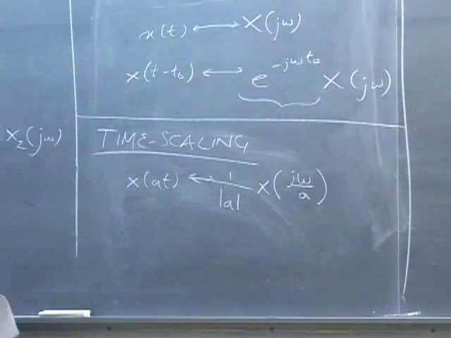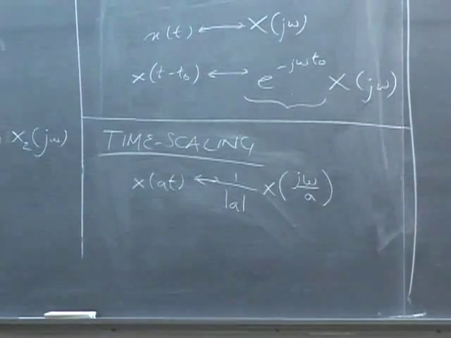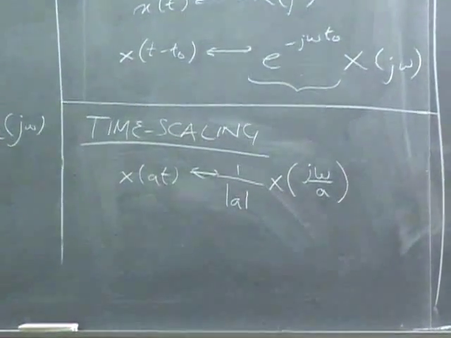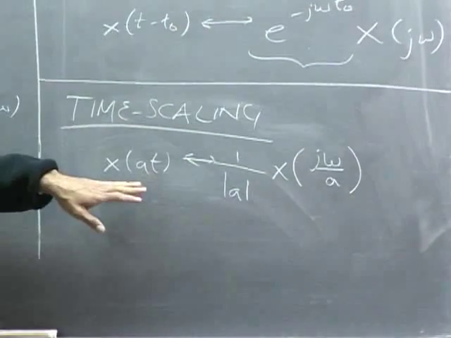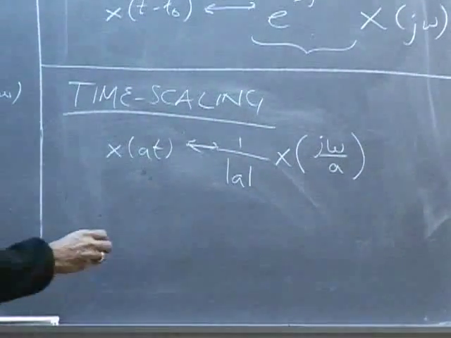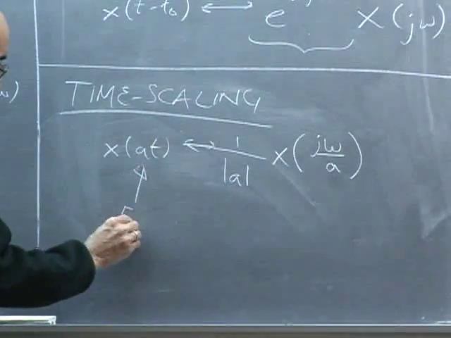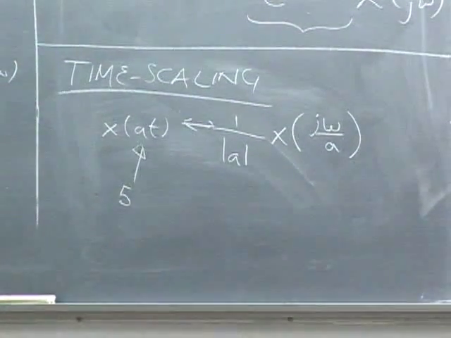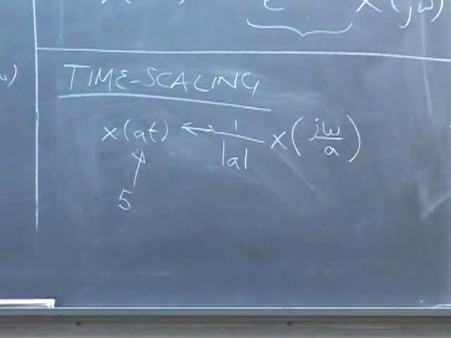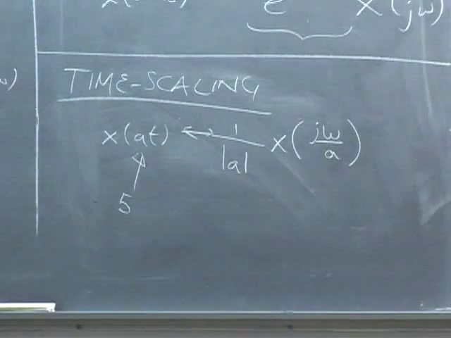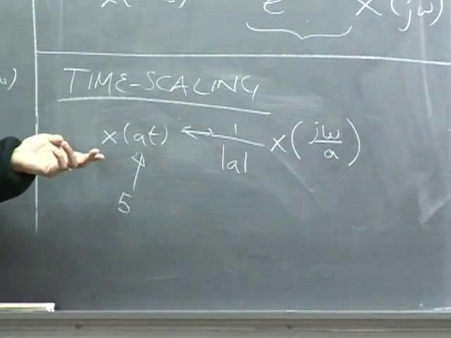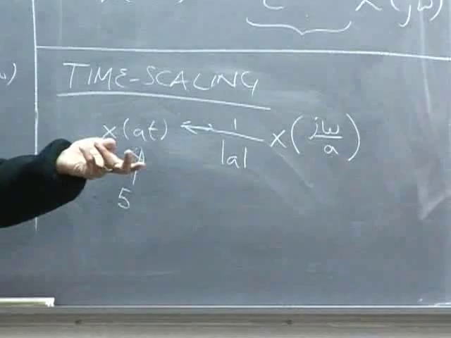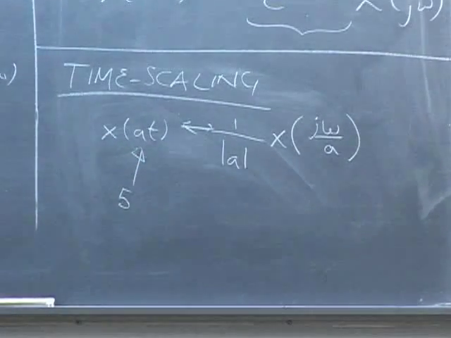So first let's see what at means. Let's take a value. When you see an equation like this, the easiest thing to do is pick a small integer, 5, 2, 10, whatever. Let's say pick 5. What does x of 5t mean, as opposed to x of t?